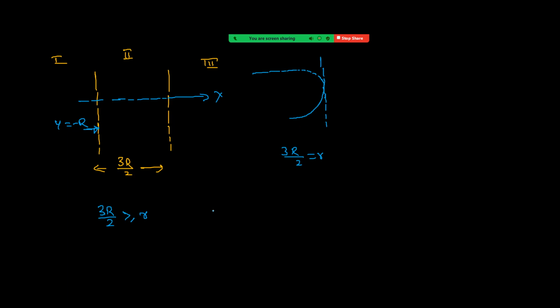So the condition is that 3R by 2 should be greater than or equal to the radius. Now, how much is the radius? It is in the data given. Let me cross-check once the data given here.